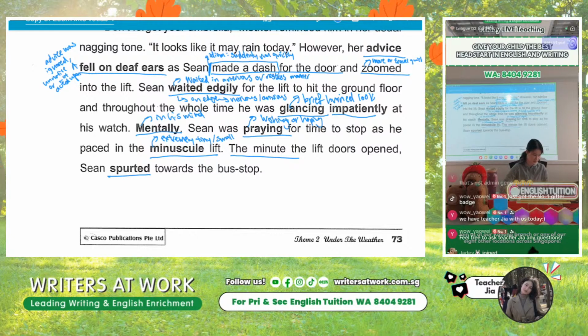Okay, now when you're saying spurted could mean that blood spurted out, or you could say he spurted towards, so he's running towards. Both are ways of using this word. So it means to move with sudden speed. So it's not something that is very consistent. It's something that's more sudden. It's more of something that happens in bursts.